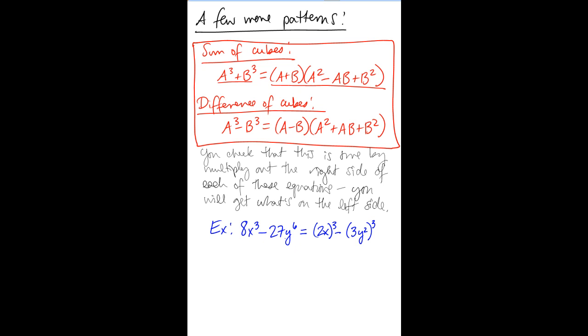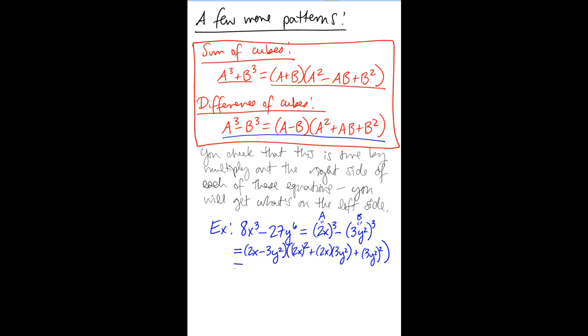So we could factor this by noticing that in this case our a is equal to 2x and our b is equal to 3y squared, and using this difference of cubes pattern. So I would just say 2x minus 3y squared times 2x squared, so I would need to go ahead and square that, plus 2x times 3y squared, I need to multiply those two together, plus 3y squared squared.